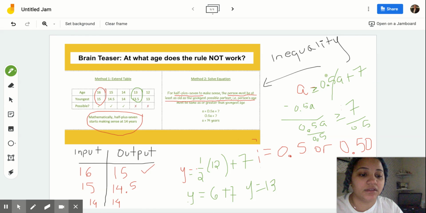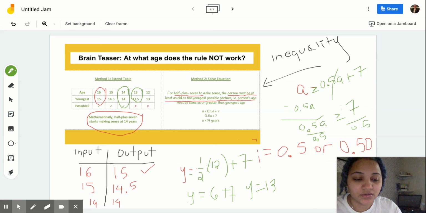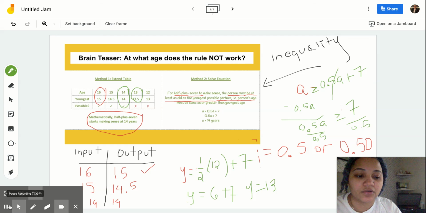So basically, what that means is that the rule starts working when somebody is at least 14, and we can see that here on the table, because you can be the same age, but you can't be older than the quote unquote oldest person. So that's why it doesn't work. We need to keep that in mind. These are two ways to figure that out. Let's continue on with the next part.